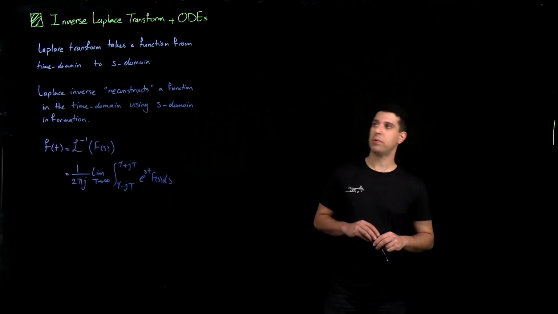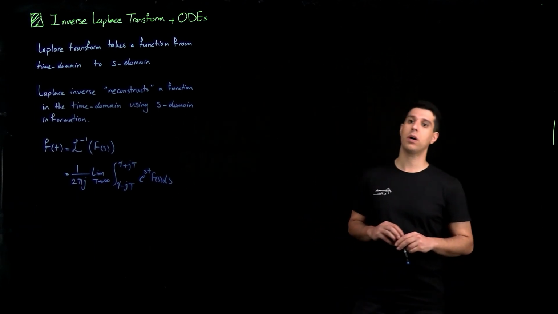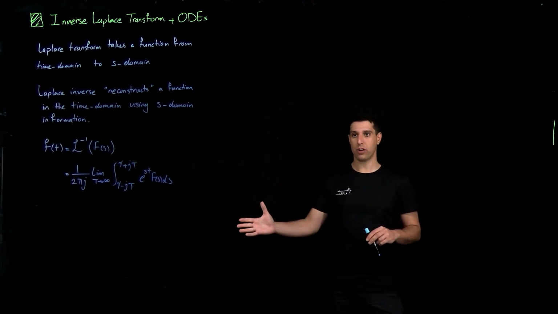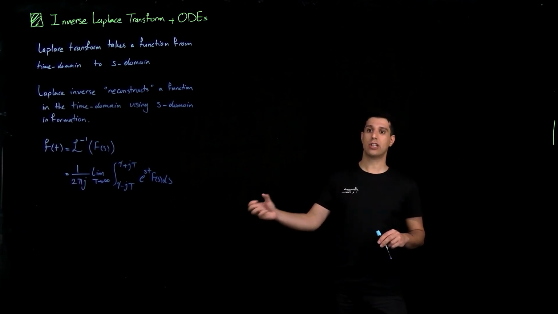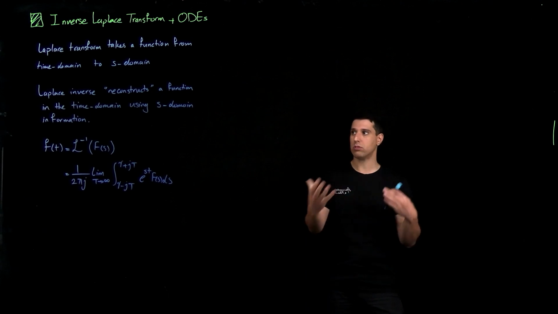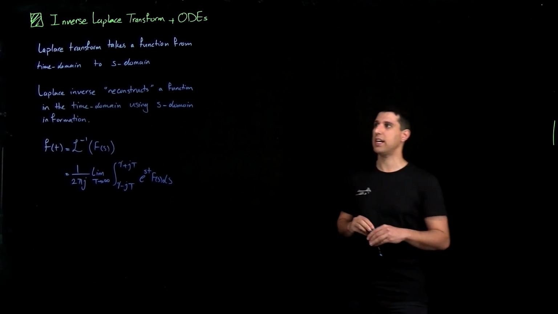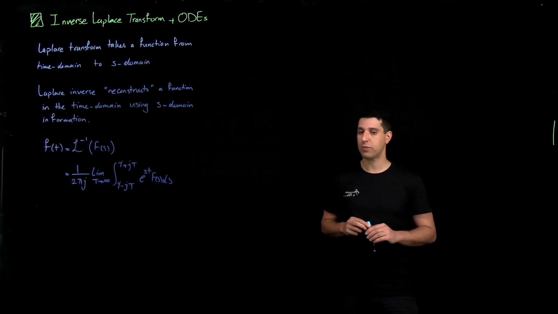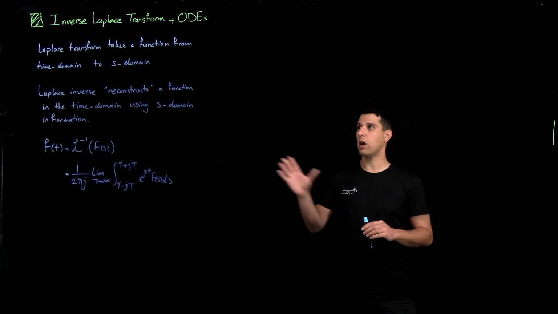In the previous lecture, we talked about the Laplace transform, how we can take a function and extract some information about its rotational and decaying aspects and embed that information in the S domain, or in a complex S plane.